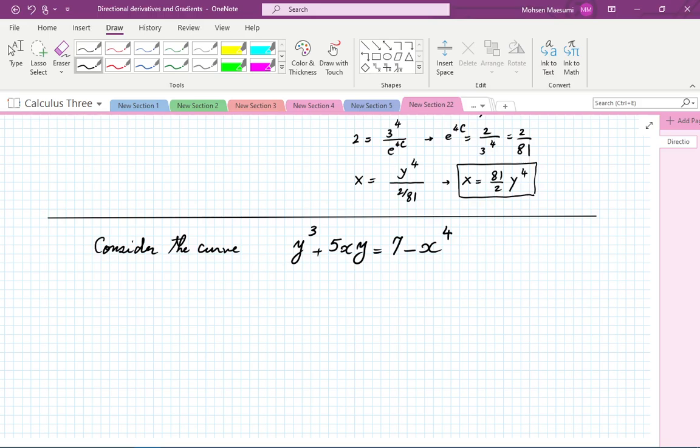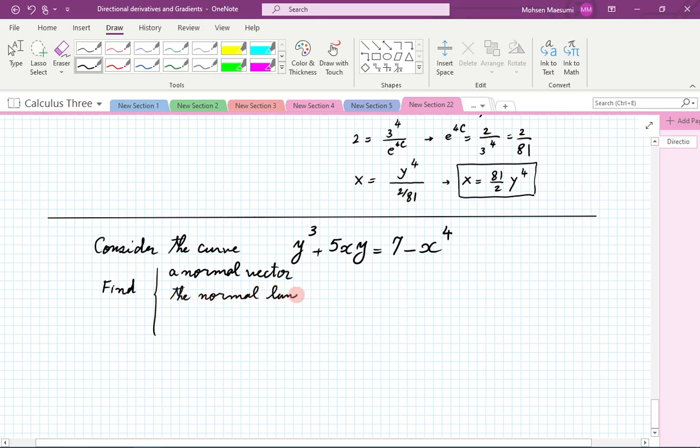We want to learn how to find the tangential and normal lines and vectors and such things. So here's a list of things we want to find: perhaps a normal vector, or the normal line, or perhaps the tangential line, the tangent line, to this curve at, now let's pick a point.